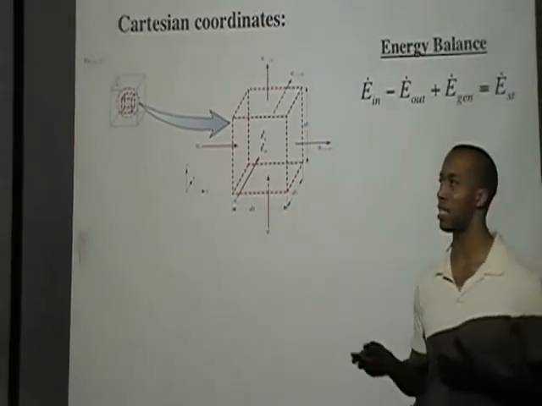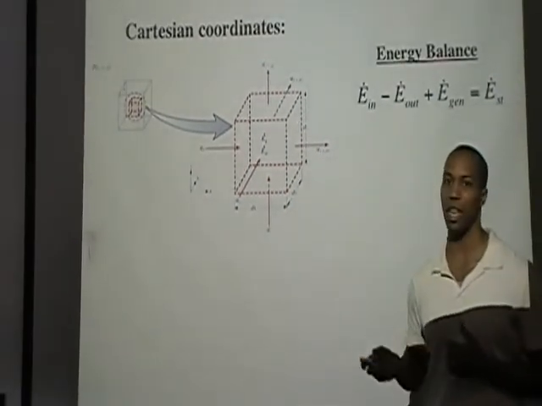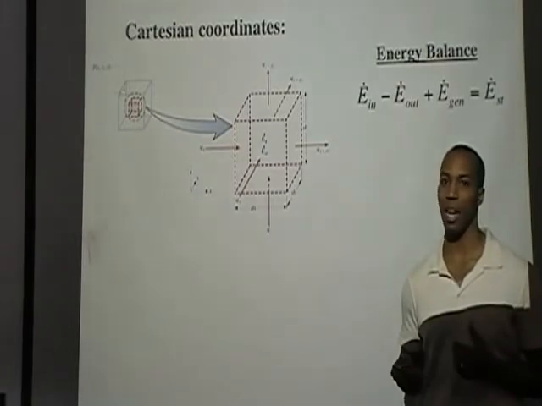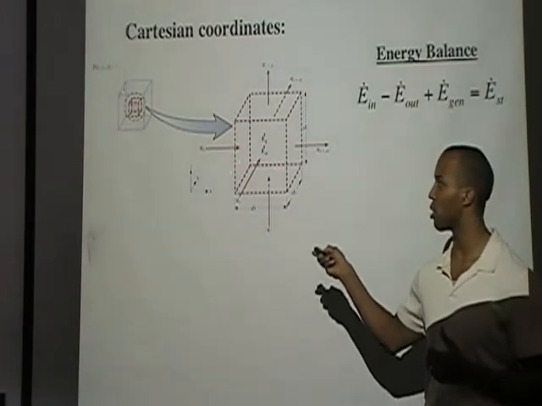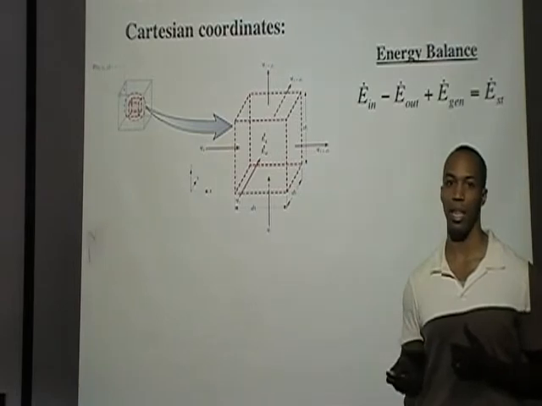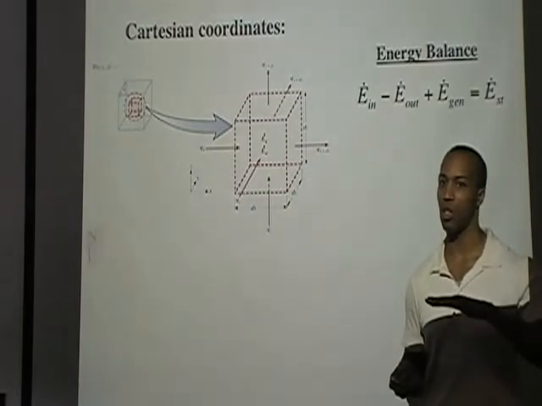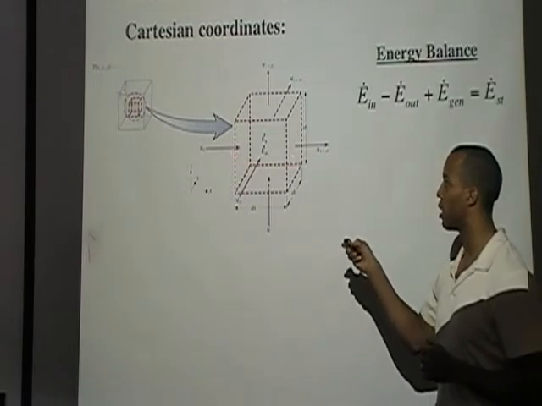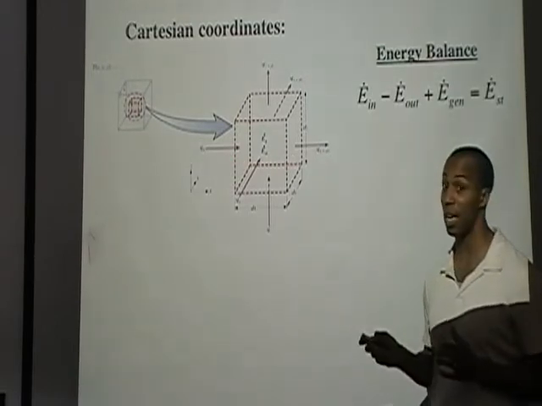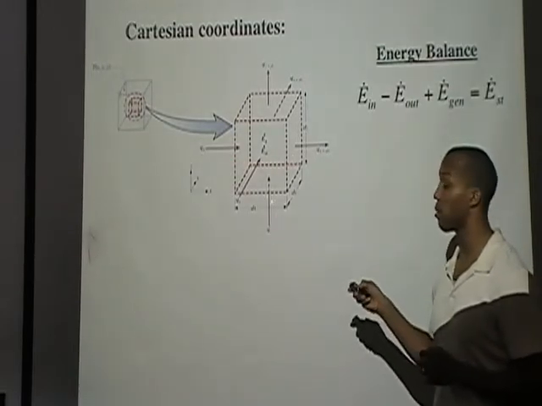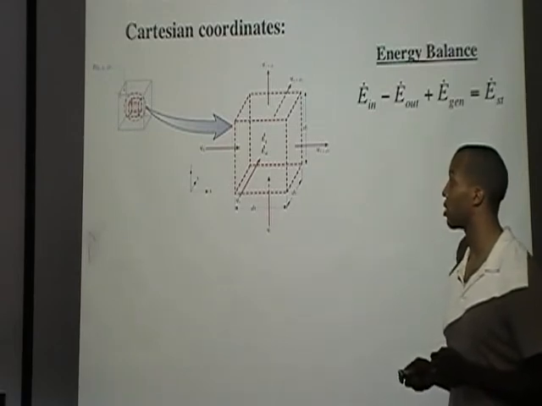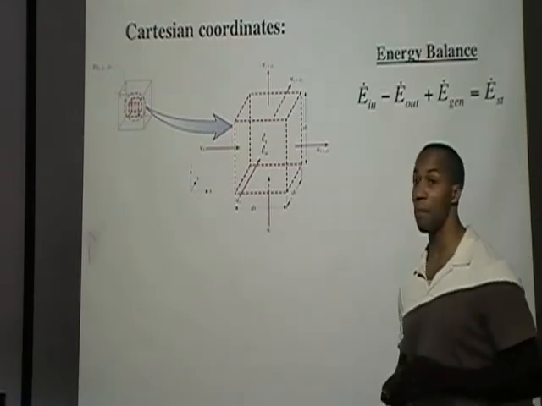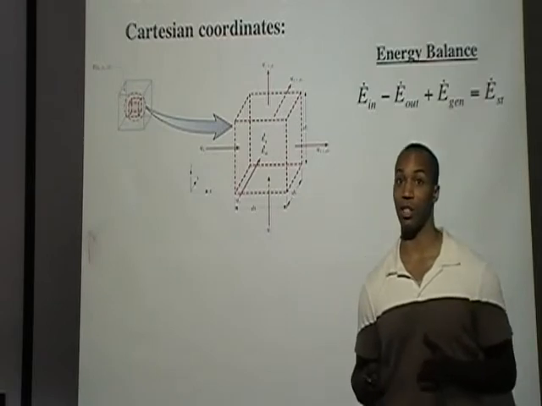What that basically means is that there's some change in the heat rate from the entrance point to the exit point in the same coordinate direction. So we have energy coming in, qx, energy leaving, qx plus delta x, and the same thing for the y and the z directions. That basically balances our energy in minus energy out.